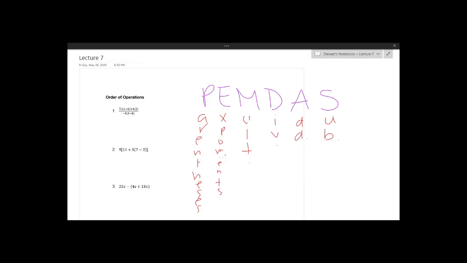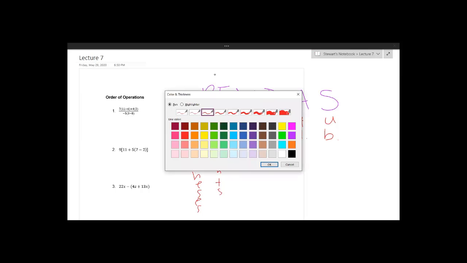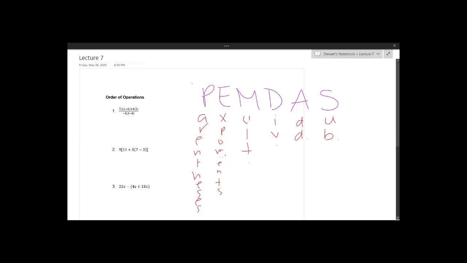What's important to note about these is this is the order you have to go in, but parentheses and exponents are completely separate from all the other ones and from each other. So if you want to box them off, these ones are separate from each other. They have to be done in that order, parentheses and then exponents.